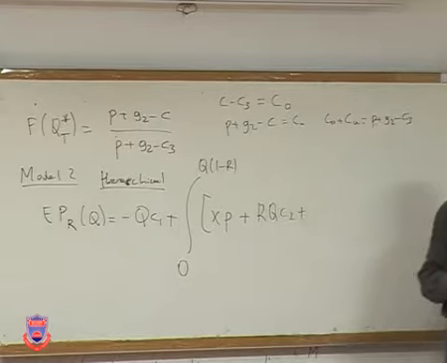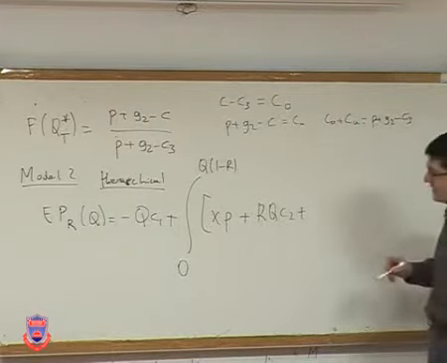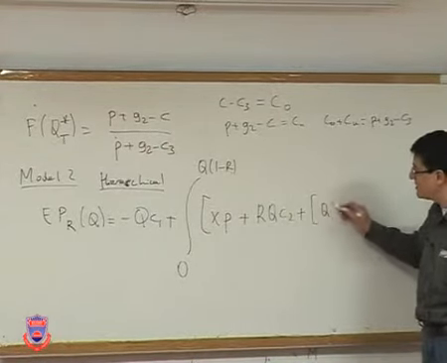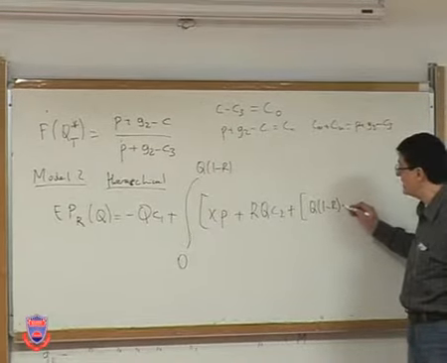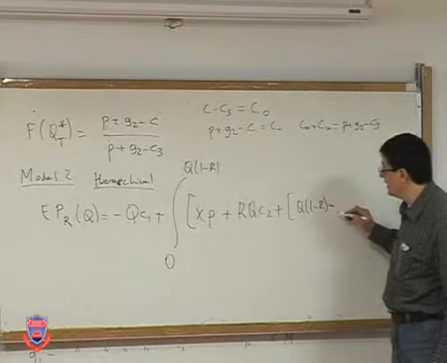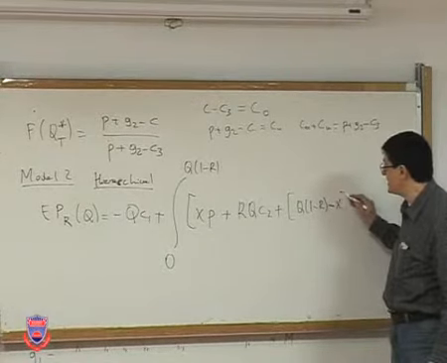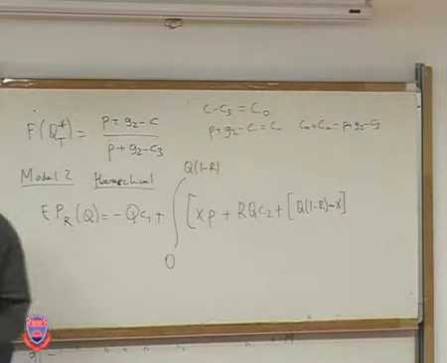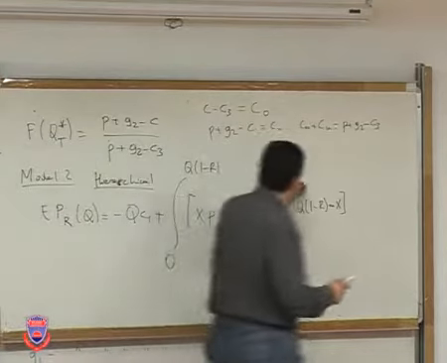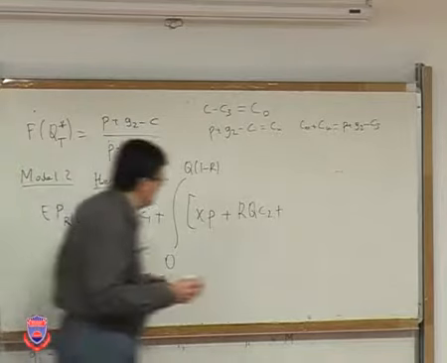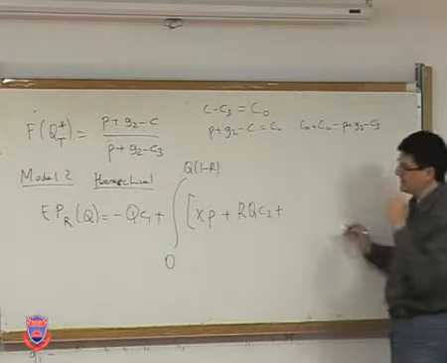Plus, for the remaining amount in the inventory, I'm going to have the salvage value coming in. So what is the remaining amount in the inventory? The remaining amount in the inventory is Q times 1 minus R minus X. Is this correct? No, it should be even lower than that. Excuse me. Okay. So what is the quantity which is remaining?